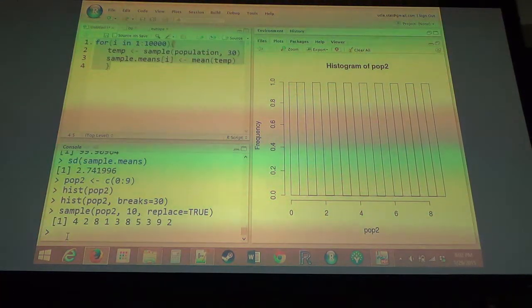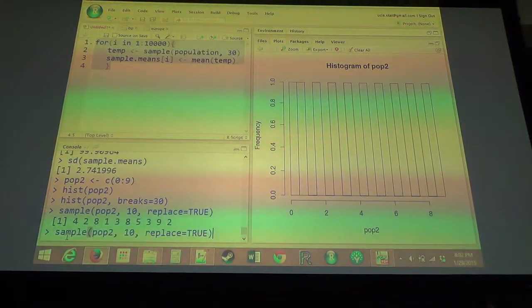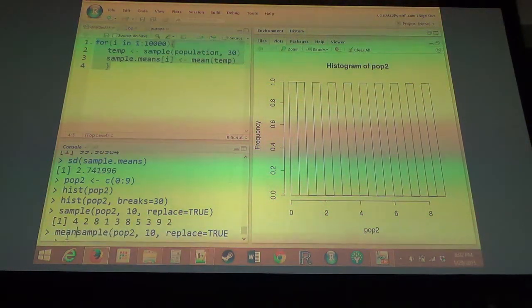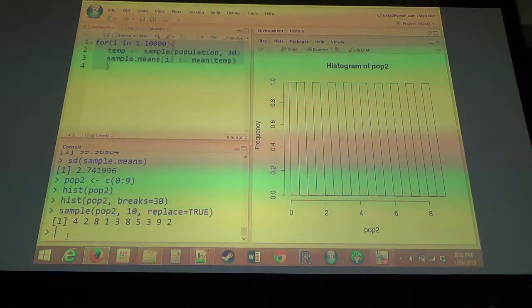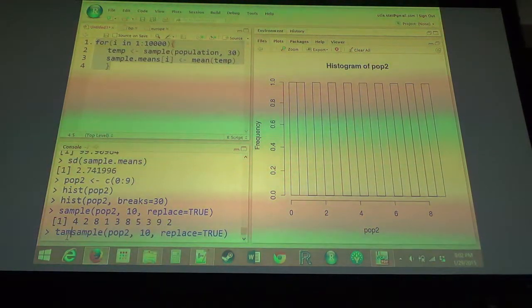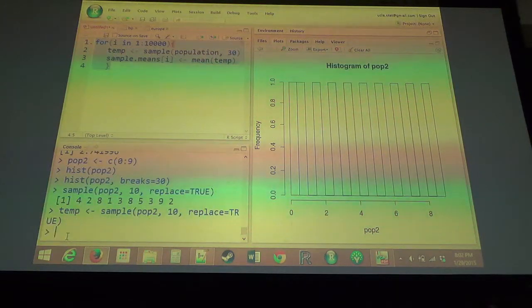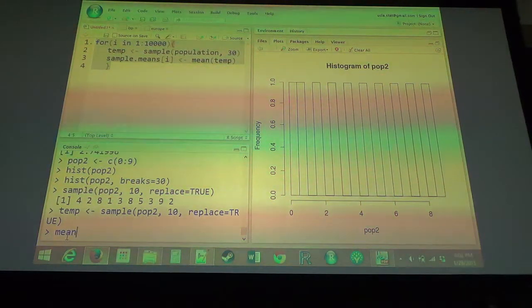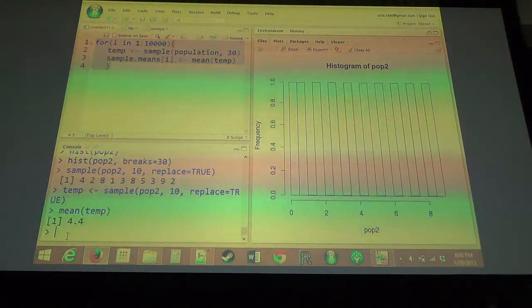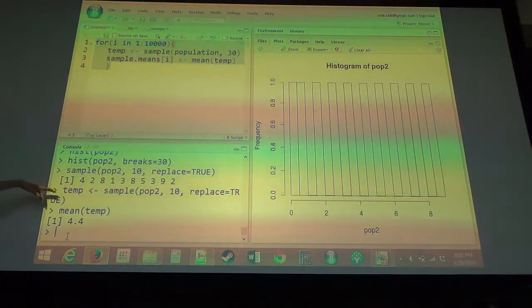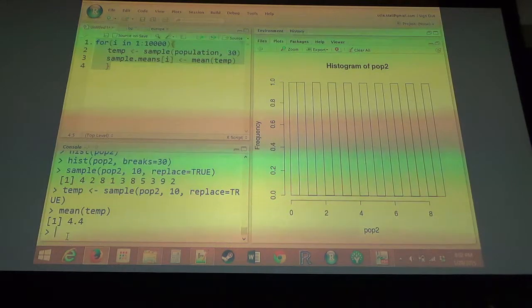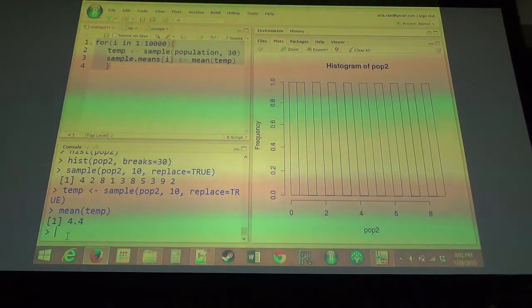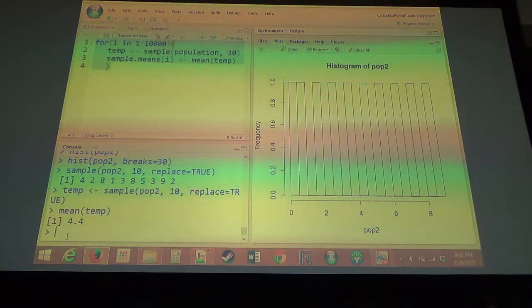And we want the mean of this. The mean of some 10 randomly selected numbers was 4.4. So I can do this over and over and over again.